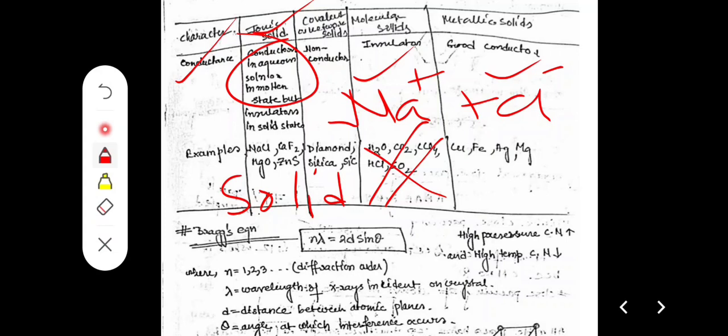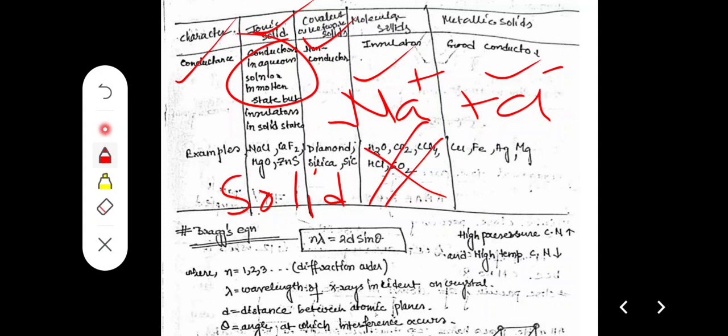Now covalent or network solids are non-conductors. Why? Because there is no chance of ion furnishing tendency, or no chance of finding free electrons.